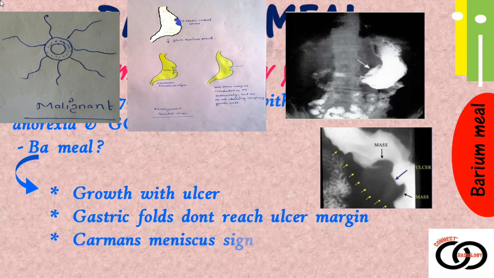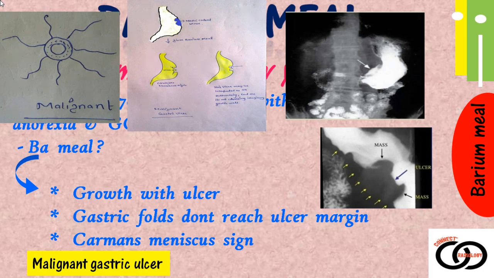Okay, and this is known as a Karman meniscus sign. So what we are dealing with? We are dealing with a case of malignant gastric ulcer. Remember, C for Karman meniscus sign, C for carcinoma. So Karman meniscus sign is seen in malignant gastric ulcer.